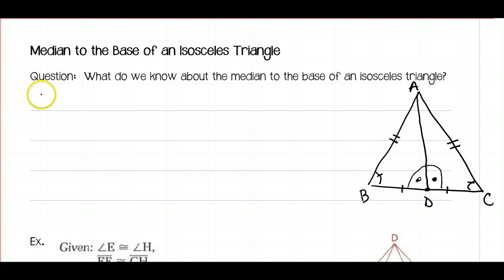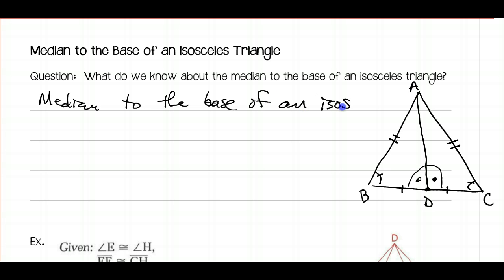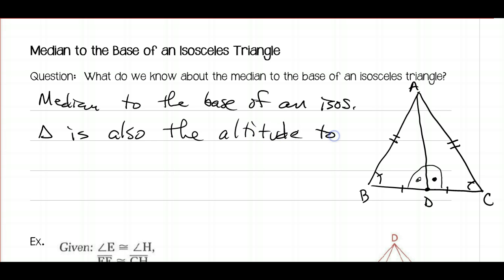So the median to the base of an isosceles triangle is also the altitude to the base.